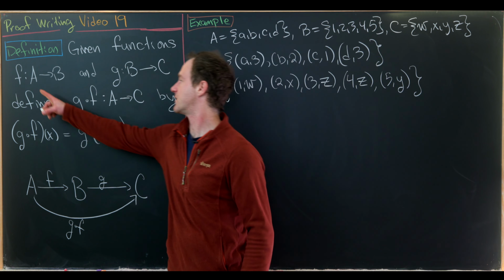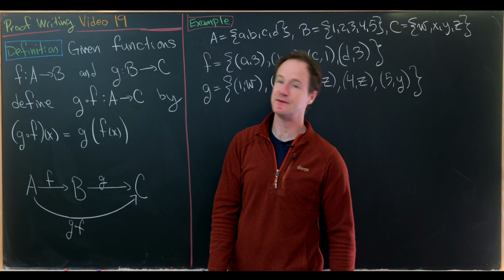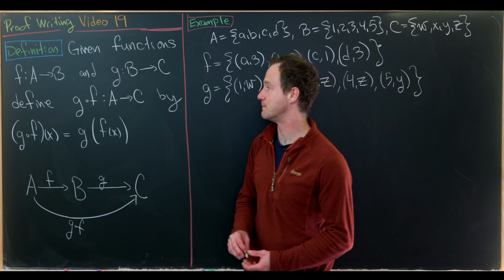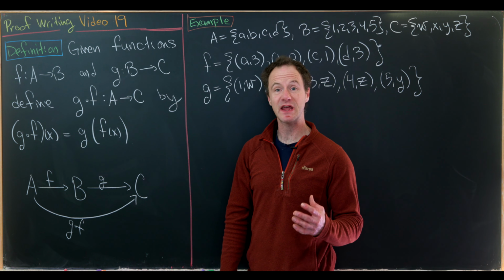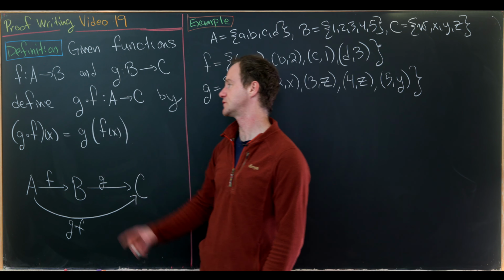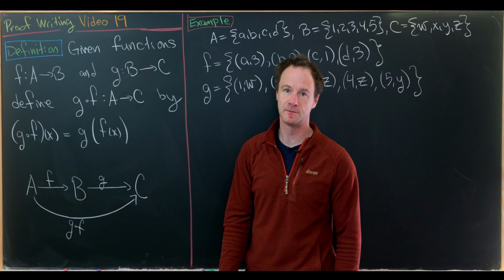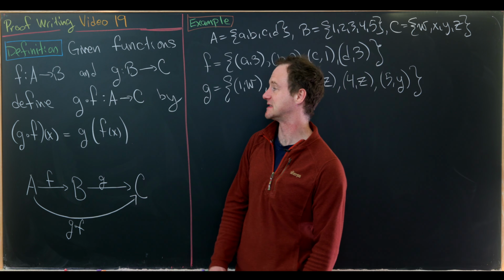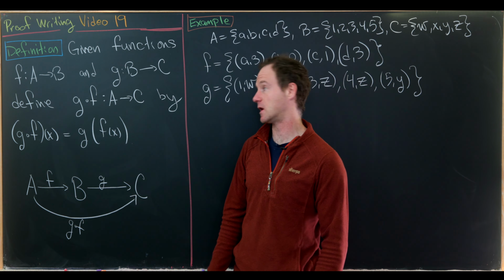So let's say we're given functions f, which goes from A to B, and g, which goes from B to C. Then we can define a new function, which is called g composed with f, and this is the notation. It goes from A to C, and it's defined as follows.